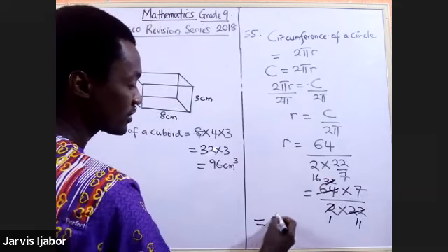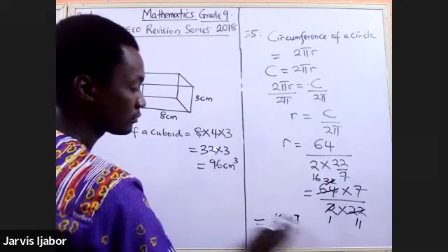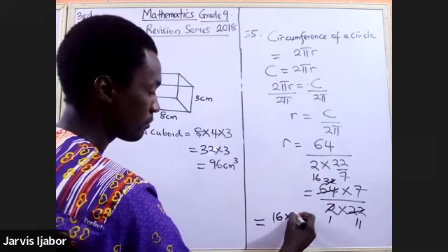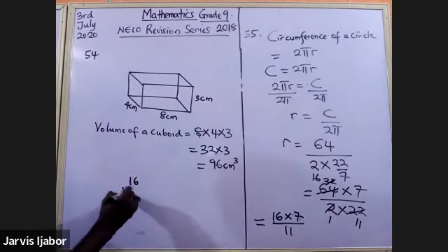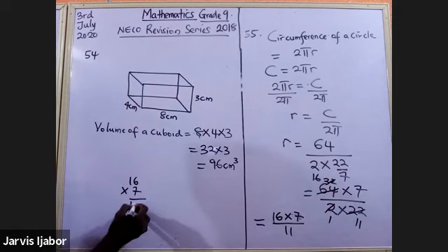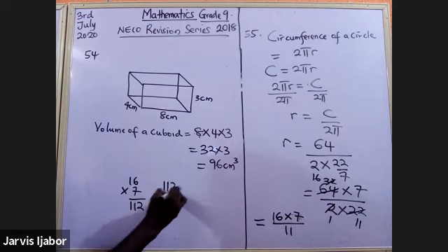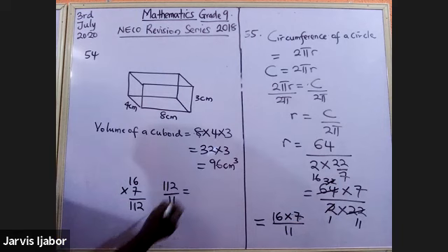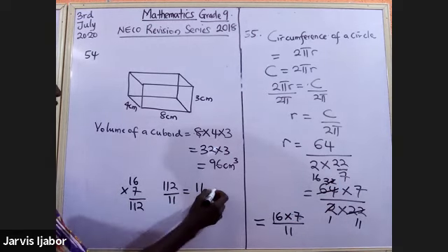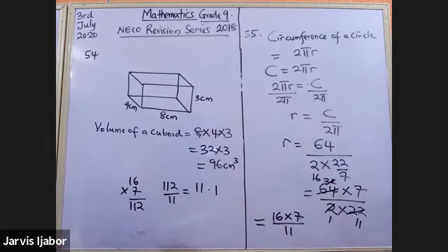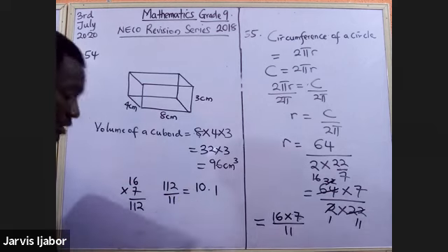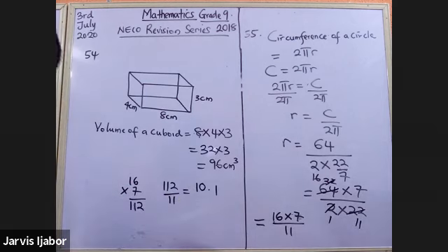So I'm going to have 16 times 7 divided by 11. 16 times 7 gives me 112, and 112 divided by 11 will give me 10 point something. Because it's an OBJ exam, there is one answer that looks more like it, and that is 10.18.